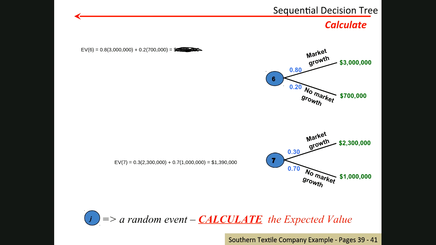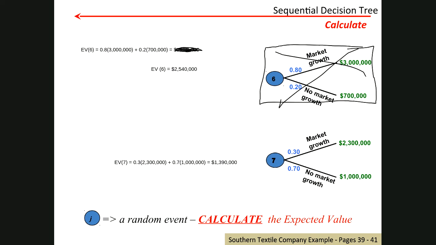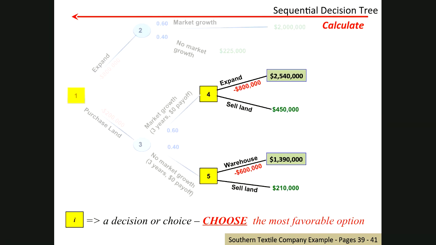As I've been trying to type that in there, hopefully you've been calculating that and have verified that that's the case. Now, the other thing that's important is that once we do this, we can essentially ignore this part of the tree, because in a sense, we've resolved these by calculating that expected value. And so now we're ready to go to the next part of our decision tree, which is our decisions.